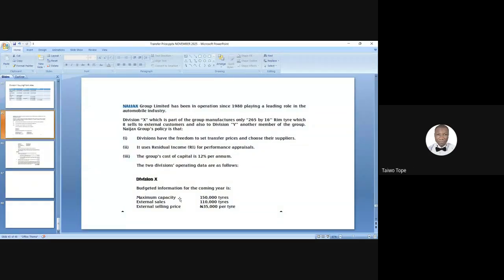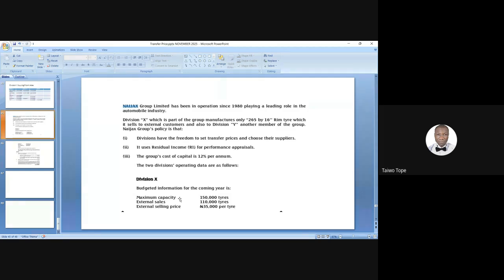Yesterday I gave a format. I don't know if anybody put down the format. I said, when you're given a question, look out for certain things. One, what is the maximum capacity? What is the external sales? The difference between the capacity and the external sales will give you the excess. The excess is what you have to give to your internal division.